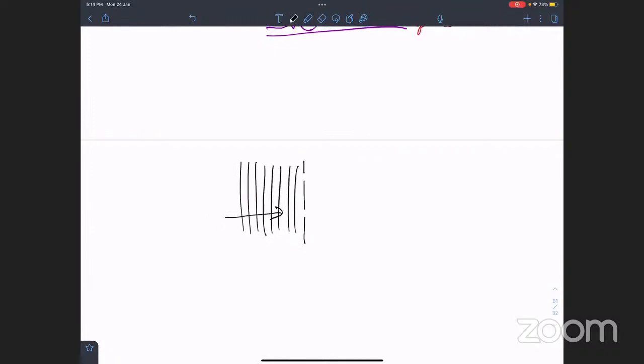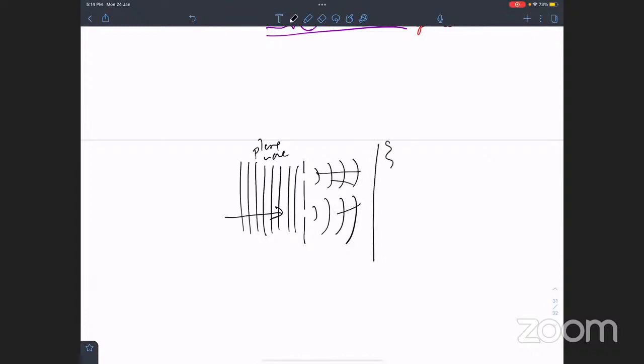Once it hits the screen, this plane electron wave function converts into a circular wave function like this. It is these two secondary waves that now interfere on the screen to give you an interference pattern like this, right? So this is how you should visualize the electron wave.